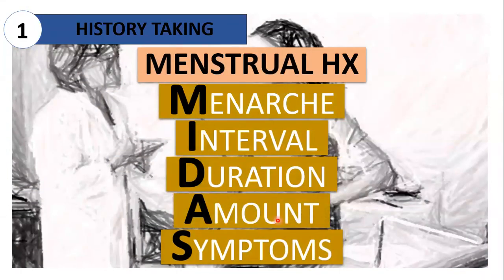Menstrual history has a mnemonic too, and that is MIDAS, which stands for menarche. Menarche is the age of onset of the first menses of our patient. I is for interval, D is for duration, A is for the amount or the number of pads used for the entire cycle, and S is for the associated symptoms like dysmenorrhea.